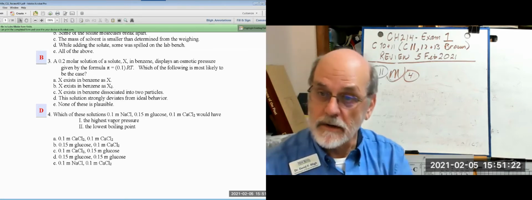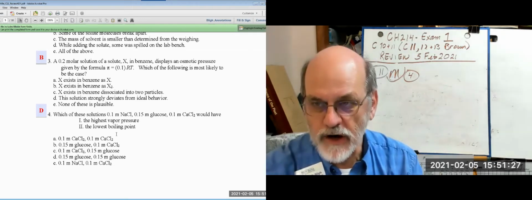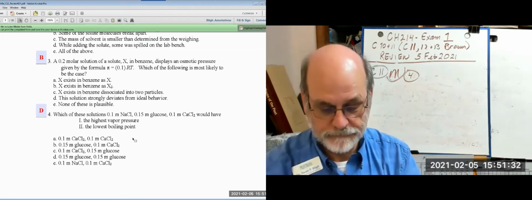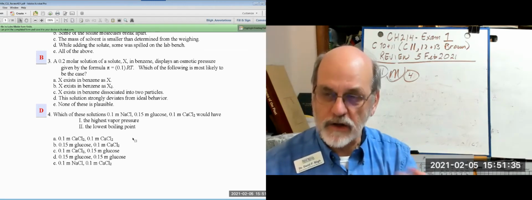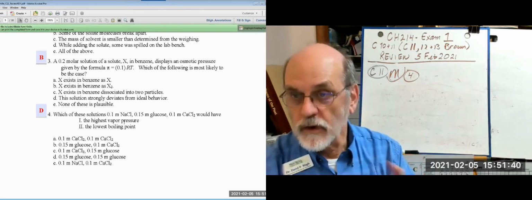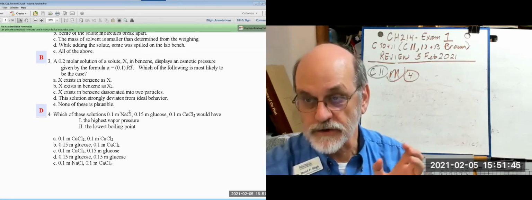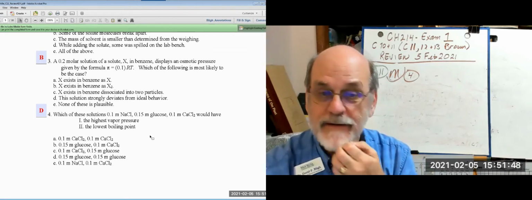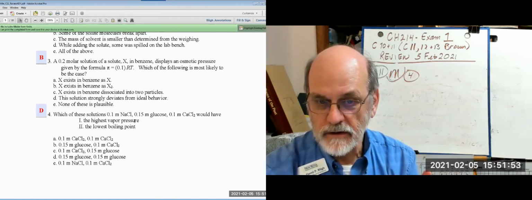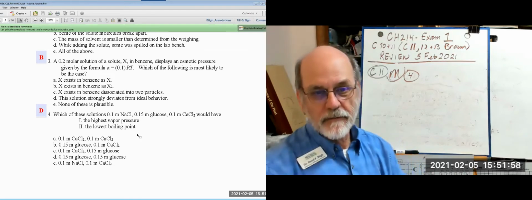Because the particle concentration is what determines the vapor pressure or determines the boiling point. So if we have more particles in solution, the first one is Raoult's law, with a non-volatile solute. So if we can compare the particle concentration in each one, then we can say something about each.